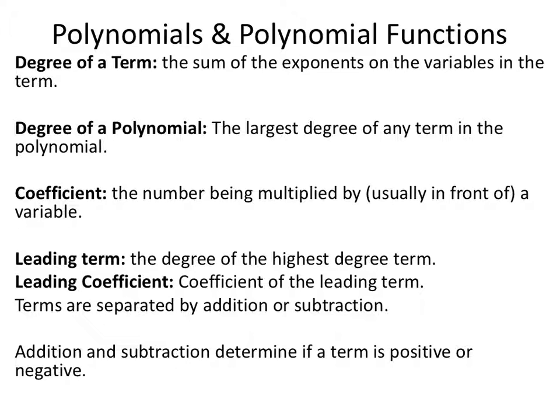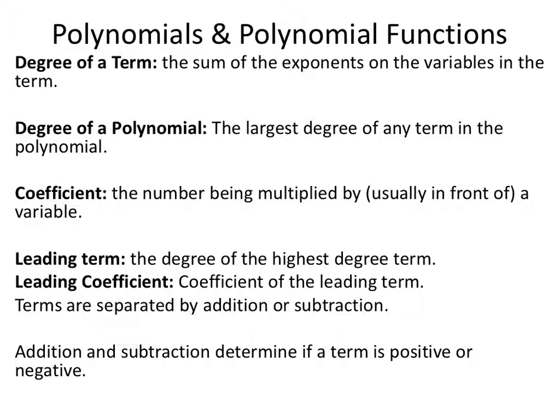These terms are ones that you should be more familiar with as vocabulary. The degree of the term is the sum of the exponents of the variables in the term. Just sometimes you'll have more than one variable. It's not too common yet, but we may see it.